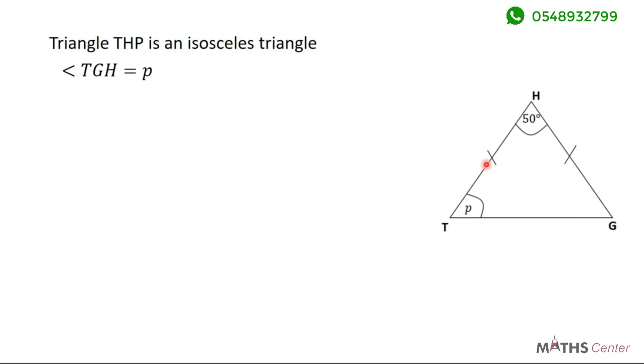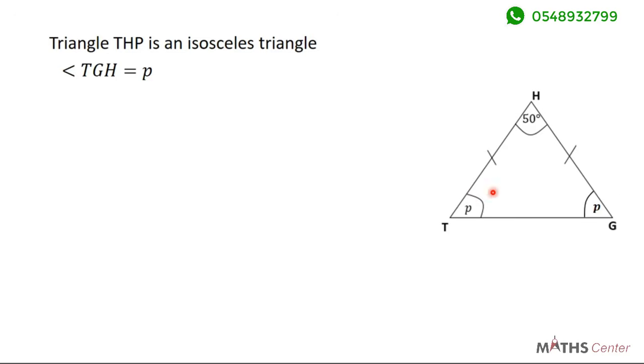Because this is an isosceles triangle, two sides are the same. That is what the question is telling us. Using this bar here and this bar here, it's showing us that this side and this side are the same. Now when you have that, we say that the angles formed at their base will also be the same. So if this angle is P, then this angle is also P.